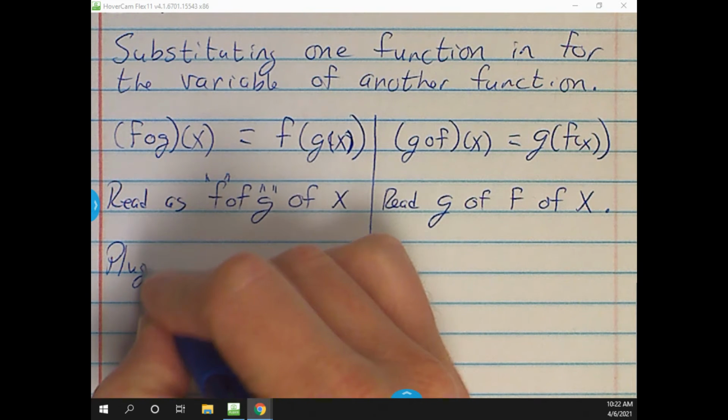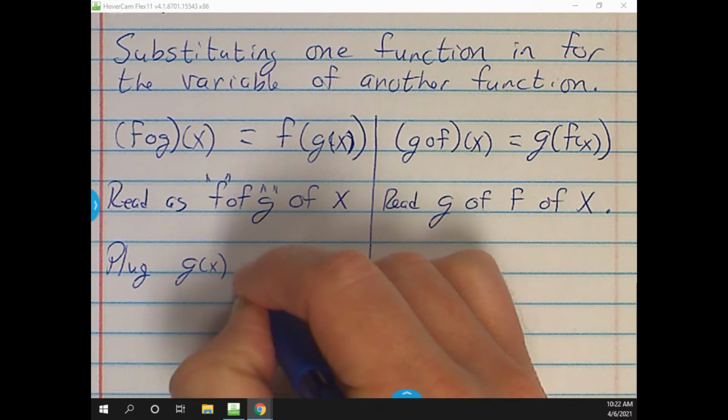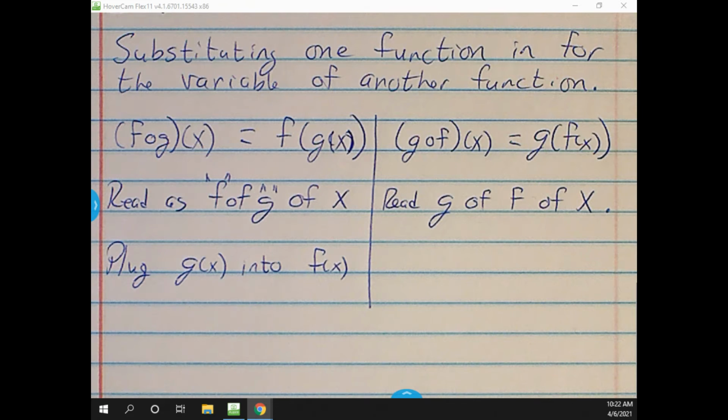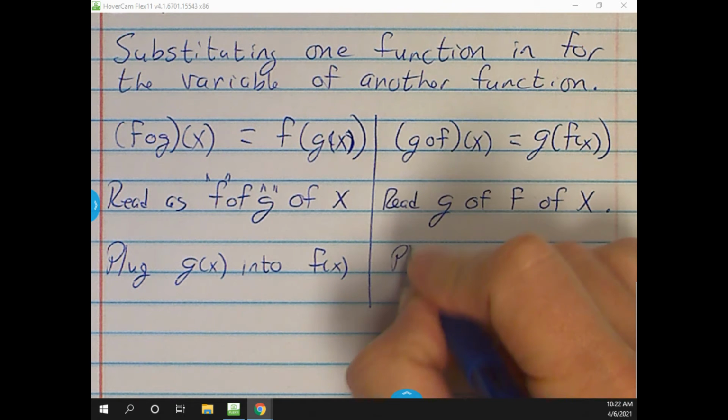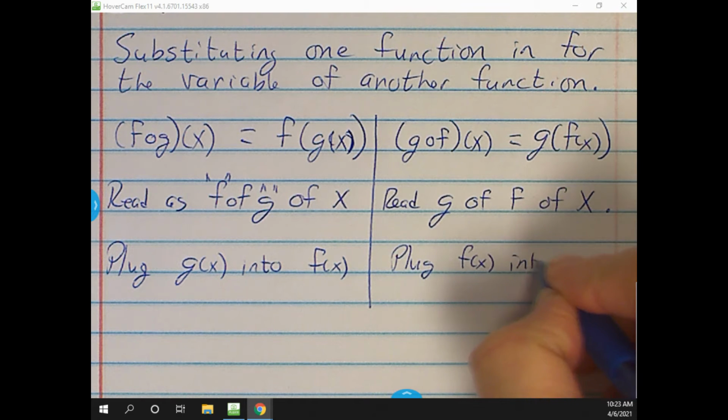When I'm reading this one, this means that you're going to plug g of x into f of x. I don't know why, but for me, it clicked to just write down that one simple, easy sentence. And once I did that, it made things click. Over here, this would be the opposite. This one, we're going to plug f of x into g of x.